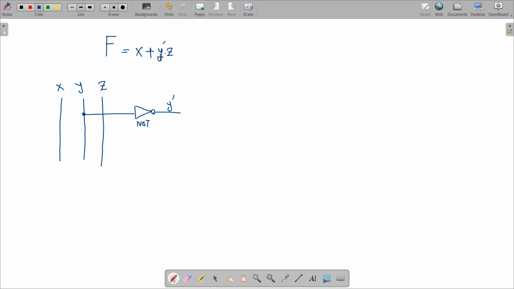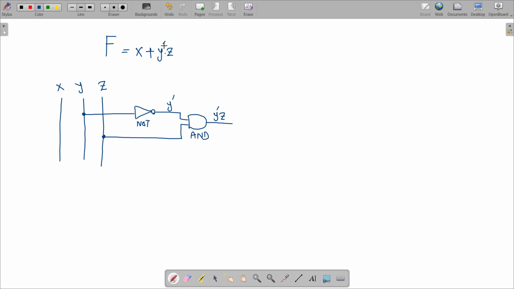Now I can say that y prime is ANDed with the z. So this is the z. Again, draw the point. Now, using these 2 inputs, I can produce y prime z with this AND gate. Now you can see that here I have OR with x.